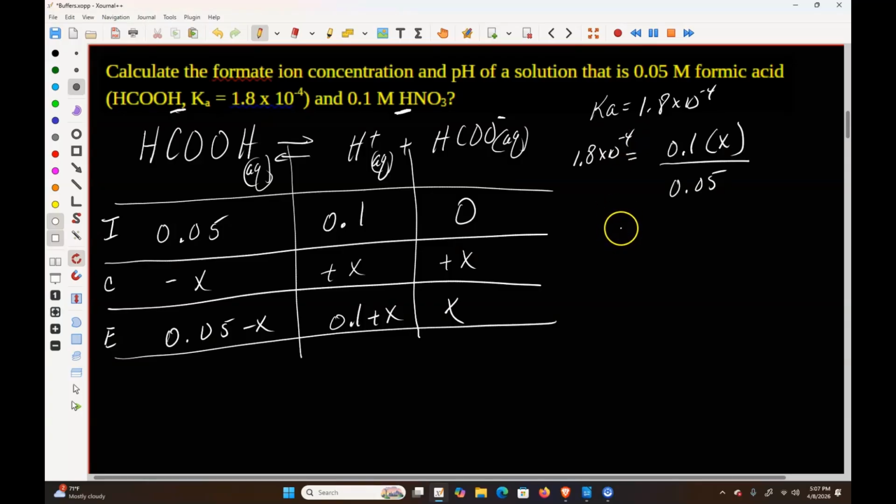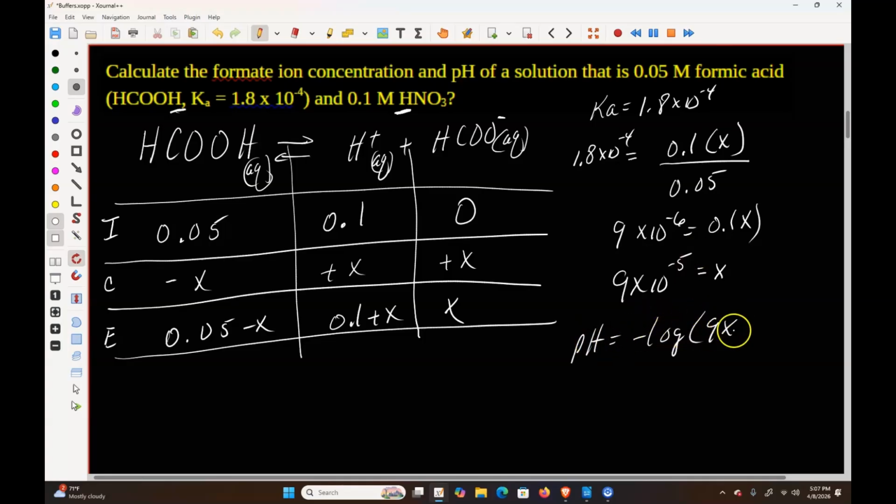So when I multiply this out, I will get 9 times 10 to the negative 6 equals 0.1x. So x is going to be equal to 9 times 10 to the negative 5. pH is going to be the negative log of 9 times 10 to the negative 5. So the pH is going to be 1.